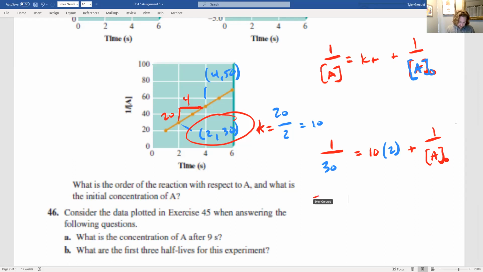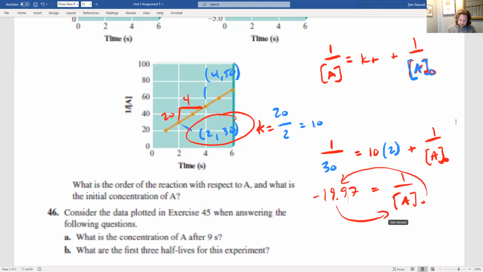So I get negative 19.97-ish. I'm just going to keep that in my calculator because let's bring the concentration over here and switch places, and we're just going to inverse this number.